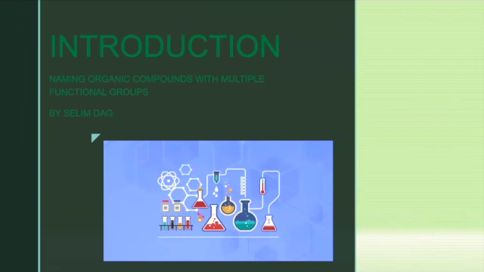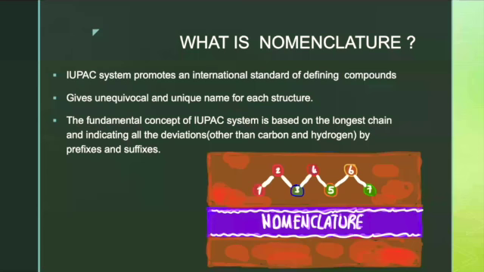But first, let's go ahead and remember what nomenclature is. The purpose of the IUPAC system of nomenclature is to create an international standard of defining compounds to promote interaction. The goal of the system is to associate each name with a unique structure.